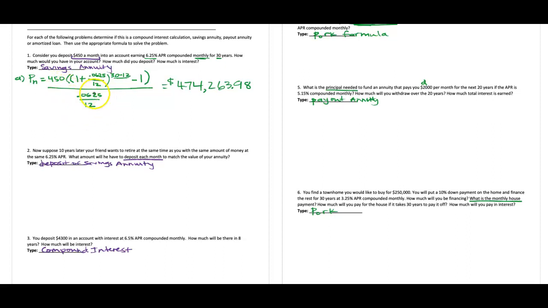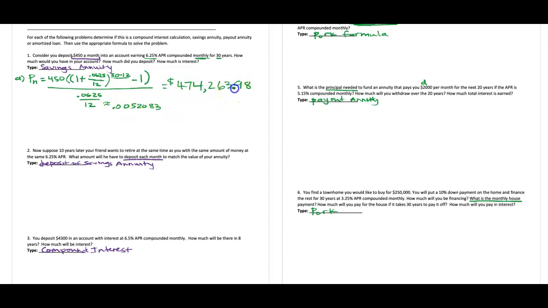And then this bottom one, it gets kind of tricky because 0.0625 divided by 12 is approximately 0.005208. So you want to go out as far as you can, because the more digits you have on there, the more correct.